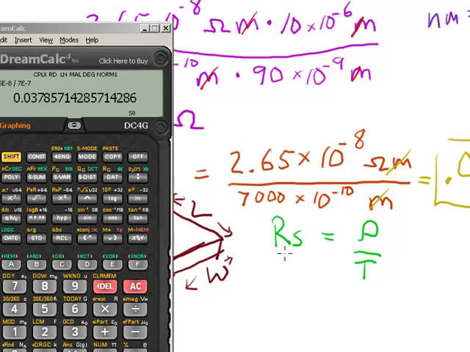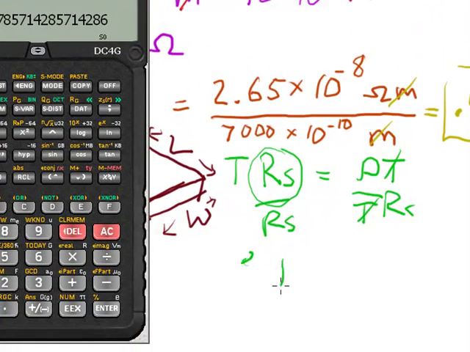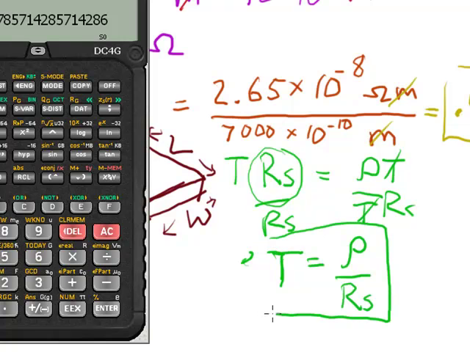Often this is used to calculate the thickness of a film, so I need to rearrange this formula a little bit. I'm going to multiply both sides by the thickness, and divide both sides by the sheet resistance, and that gives me a new formula. The thickness of the film is equal to the bulk resistivity divided by the sheet resistance. That's often used to calculate the film thickness for a conductive film.